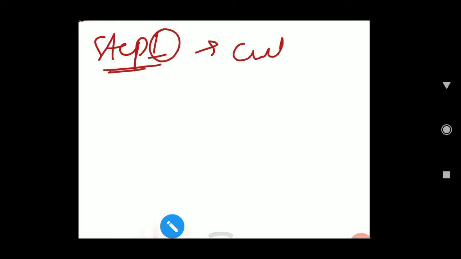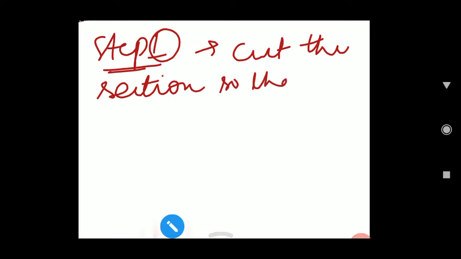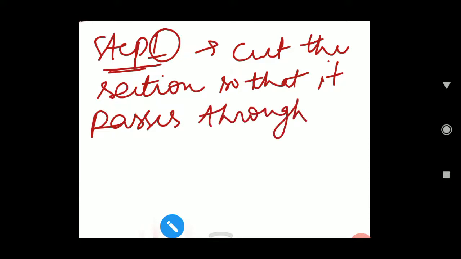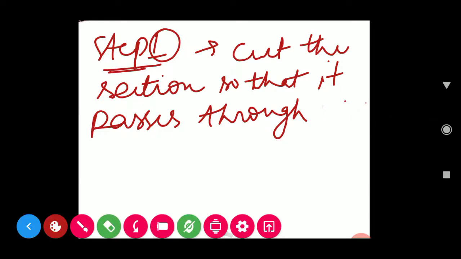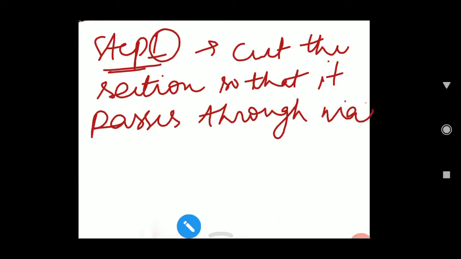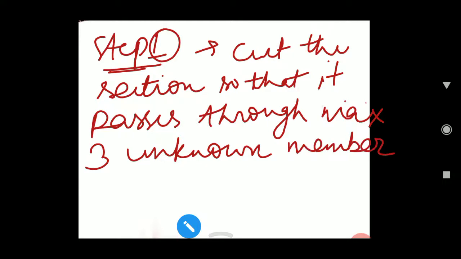First of all, step 1 says: cut the section so that it passes through a maximum of 3 unknown member forces.